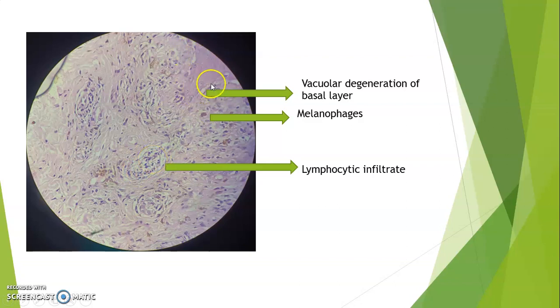So the epidermis shows vacuolar degeneration of basal cells. The papillary dermis shows a moderate degree of perivascular lymphocytic infiltrate. These are lymphocytes along with a few macrophages and scattered melanophages. These pigmented cells are melanophages.